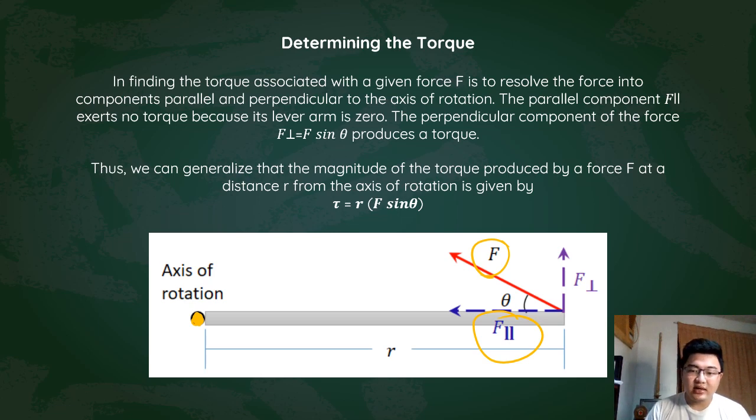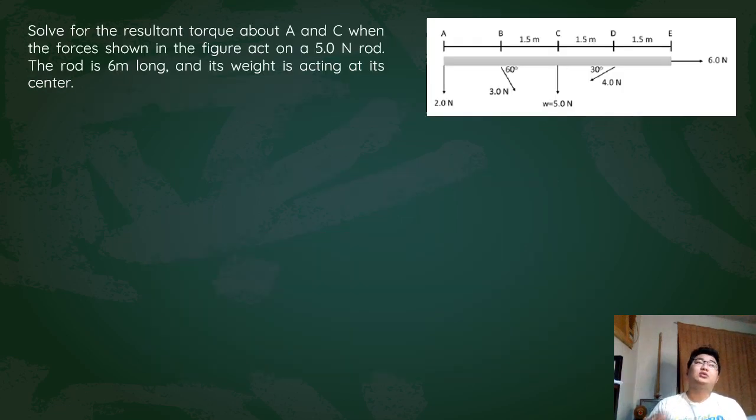So let's have an example about torque and the second condition of equilibrium. Solve for the resultant torque about points A and C when the forces shown in the figure act on a 5 Newton rod. The rod is 6 meters long and its weight is acting at its center.